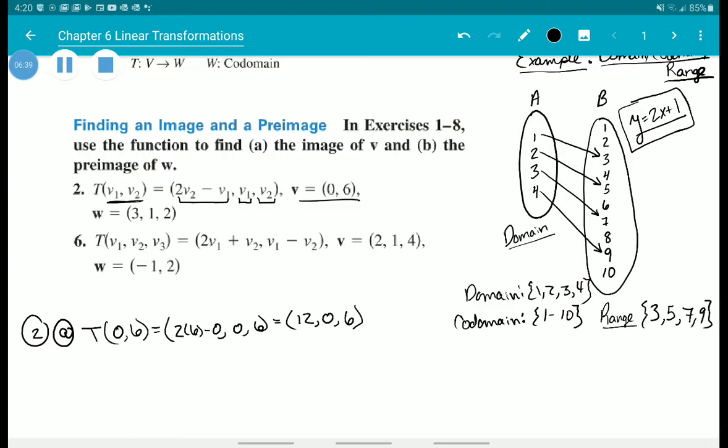So that's your image. That's where it heads to. This guy will end up being in the range of this transformation.